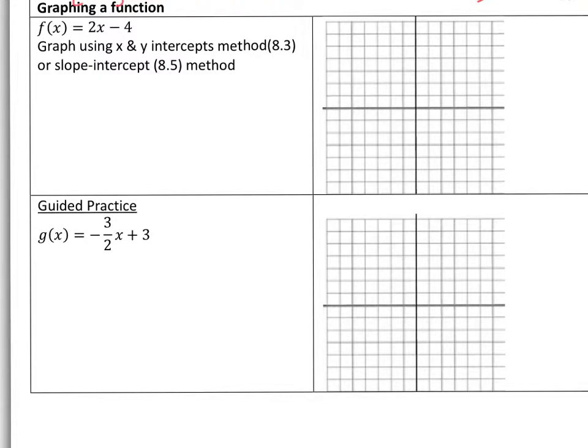Graphing a function is the same thing as graphing a linear equation. So here I have for you graph using x and y intercepts from 8.3, or use the slope-intercept 8.5 method. For this example, I am going to use the x and y intercepts. So again, I told you earlier, f of x is actually just equal to y, the output.